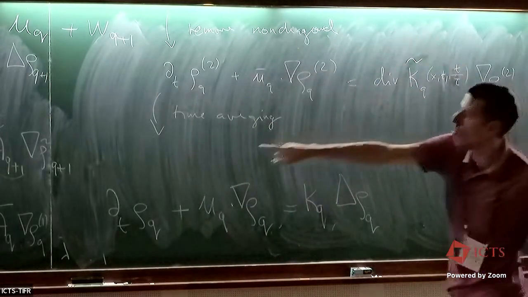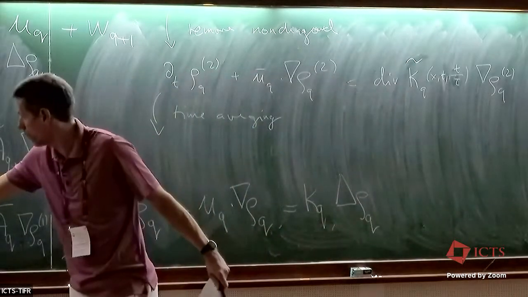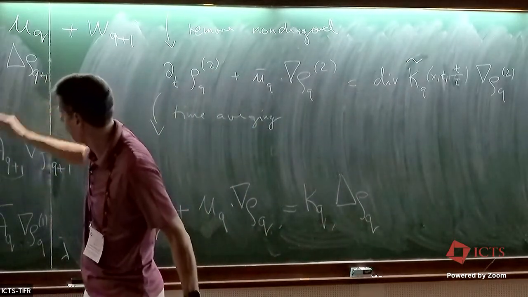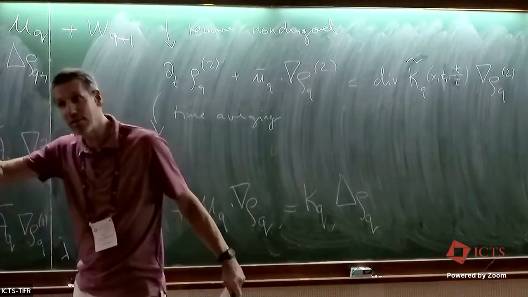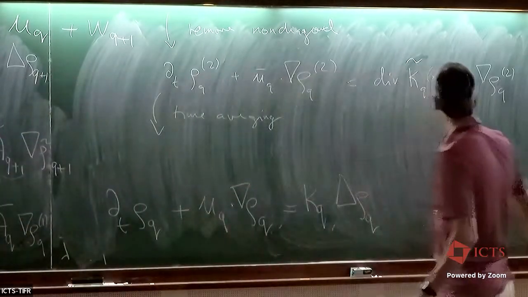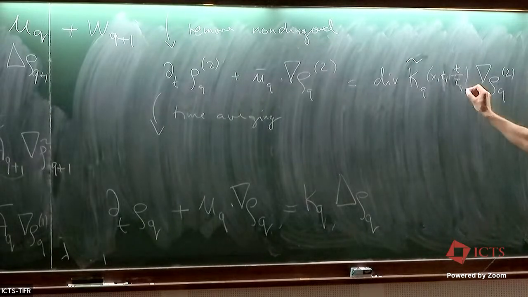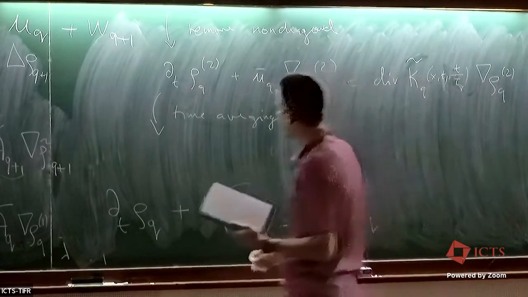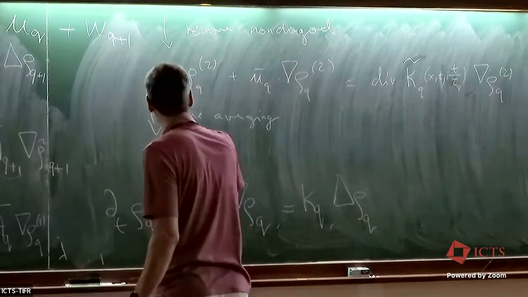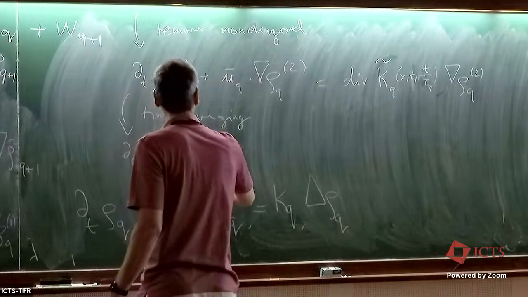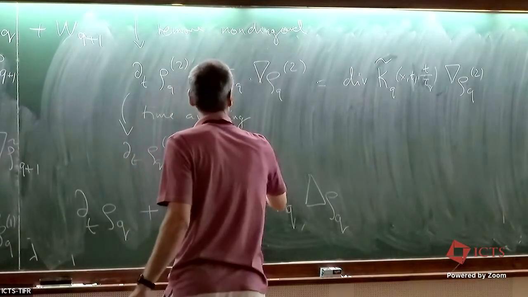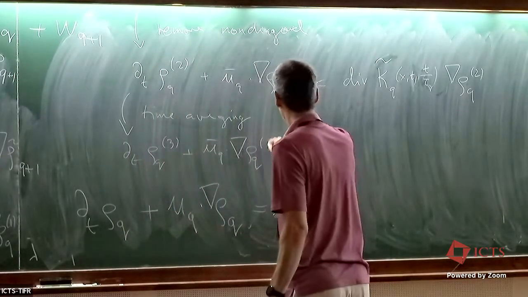The lambda was removed at this step. So it should be lambda q plus 1. Okay, was removed at this step, but there is still these time intervals. So there are two scales in time, let's say tau q, to get to something where it doesn't depend on anything anymore.